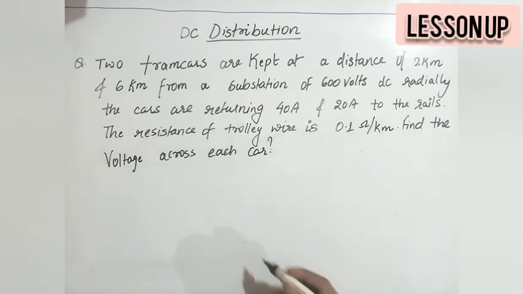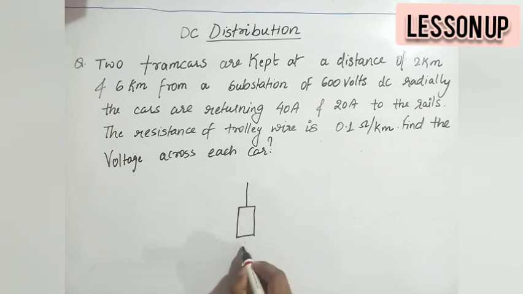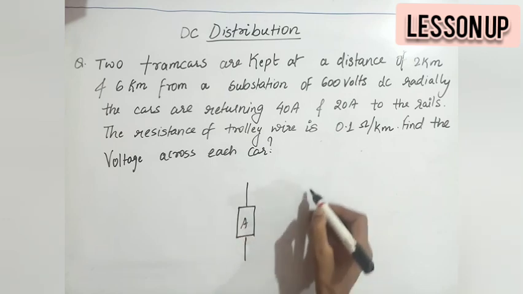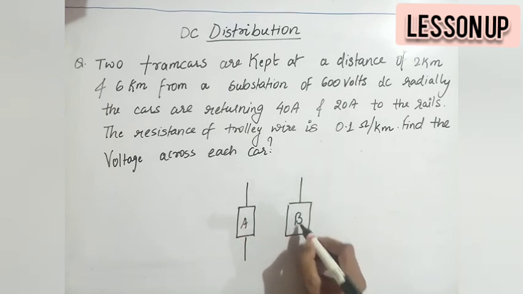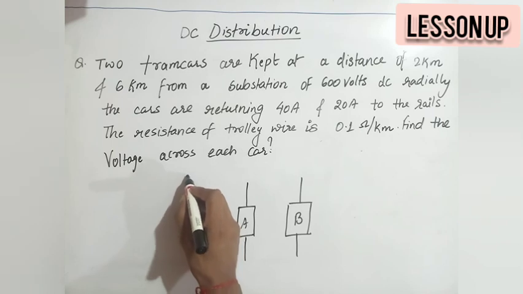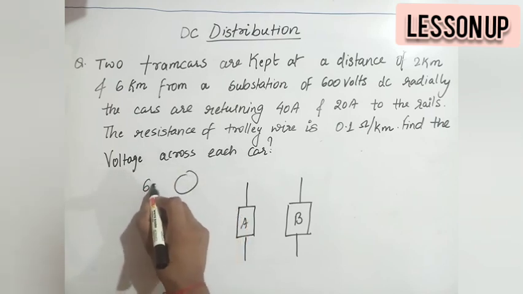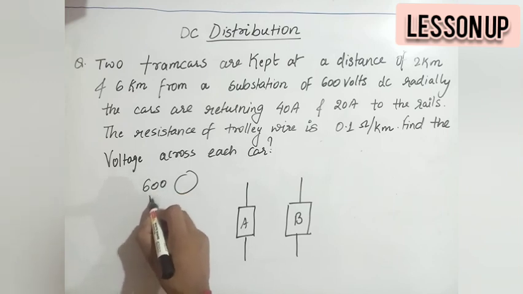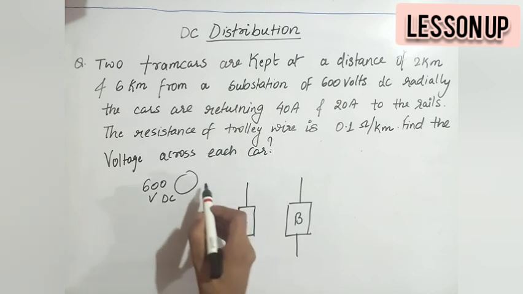So we have two tram cars, suppose A and B, which are radially connected. A substation is here which supplies 600 volt DC.